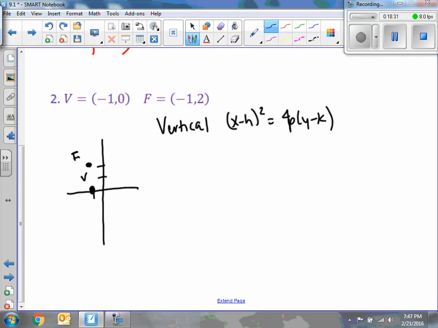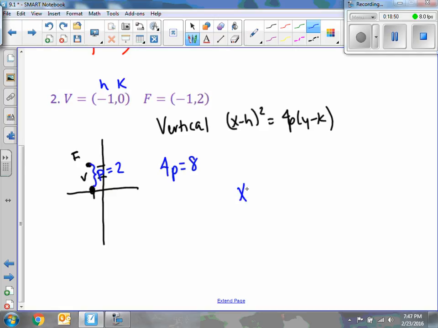Alright, let's not make the same mistakes I made last time here. So this will tell us our distance, our p value, and this here is 2. If p is 2, then 4p is equivalent to 8. We know our h and our k, so we can just fill it in.